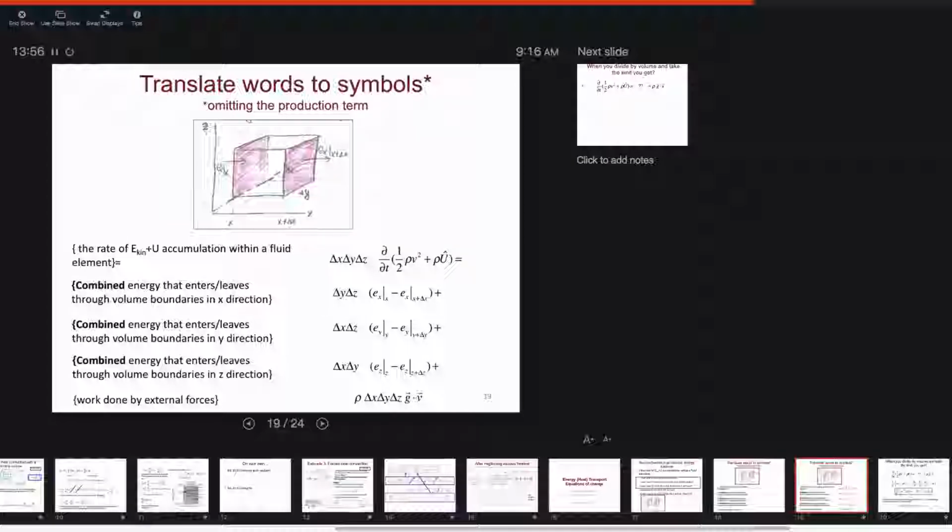G, so that's my gravity force dot velocity. Yeah, okay, that's basically the ballast. Now we just have to figure out the differential equation, and per usual, we divide by the volume element, okay, and make those delta x, delta y, delta z small.